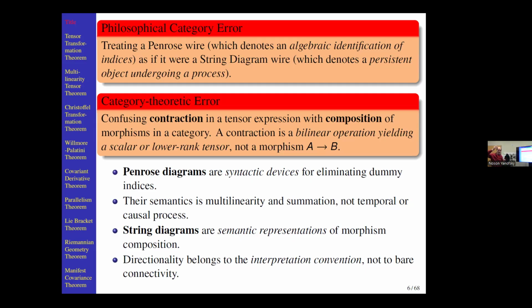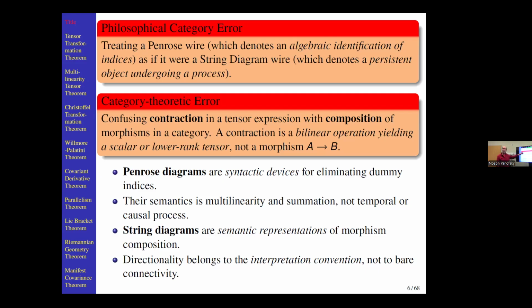The strings are actually objects in a category, right? And the nodes are functions or morphisms of some kind that process the data in the objects. So it's important, I think, to make a distinction between contraction indices connected by lines and processes in the monoidal string category.